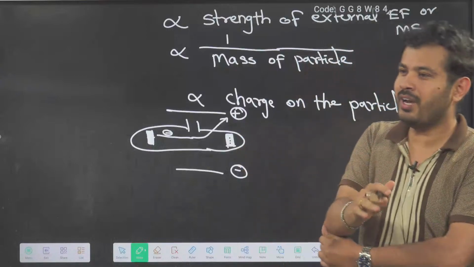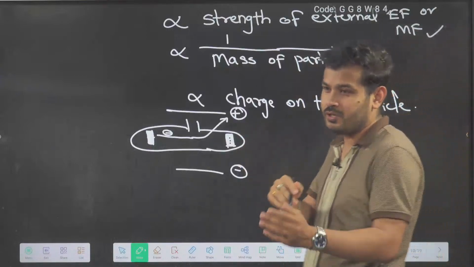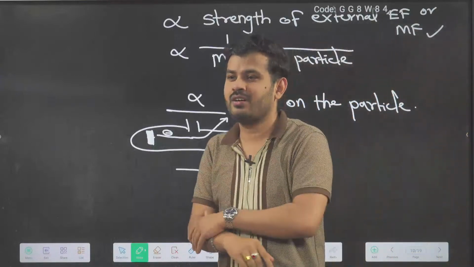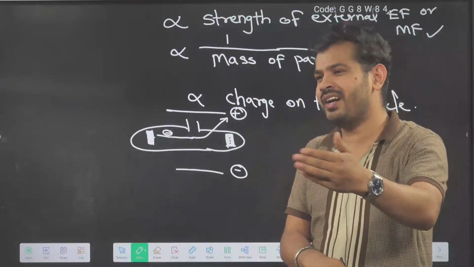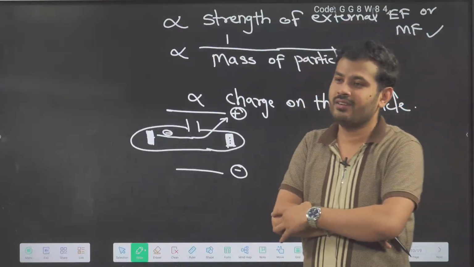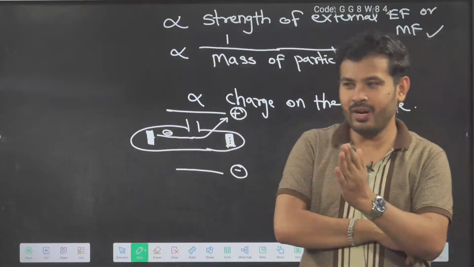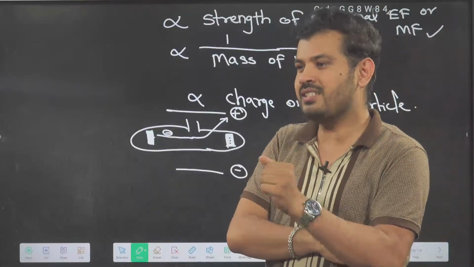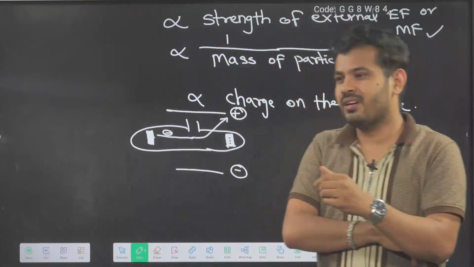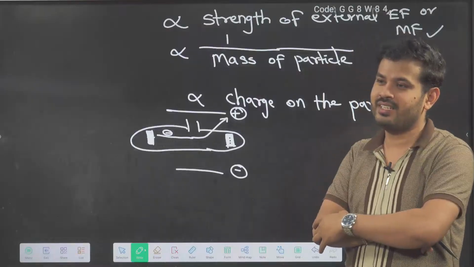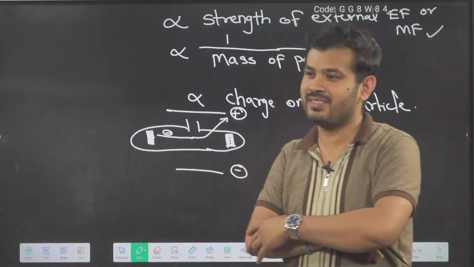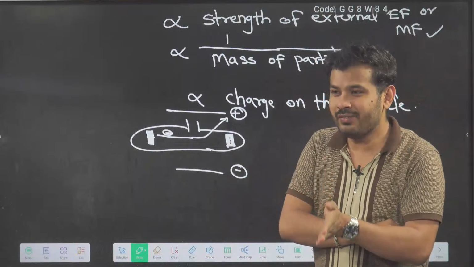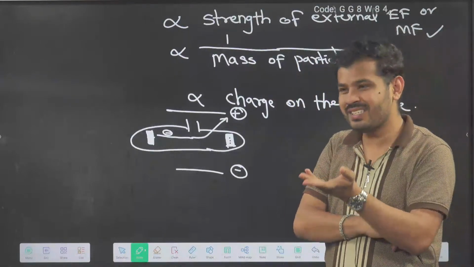If you compare, the sports bike will go very fast, but the maximum speed of the Bullet is only around 90 to 110 kilometers. Why does the Bullet go slower than the sports bike? Yes, the sports bike has comparatively less mass. Correct. The Bullet has more mass, so it will go slow.